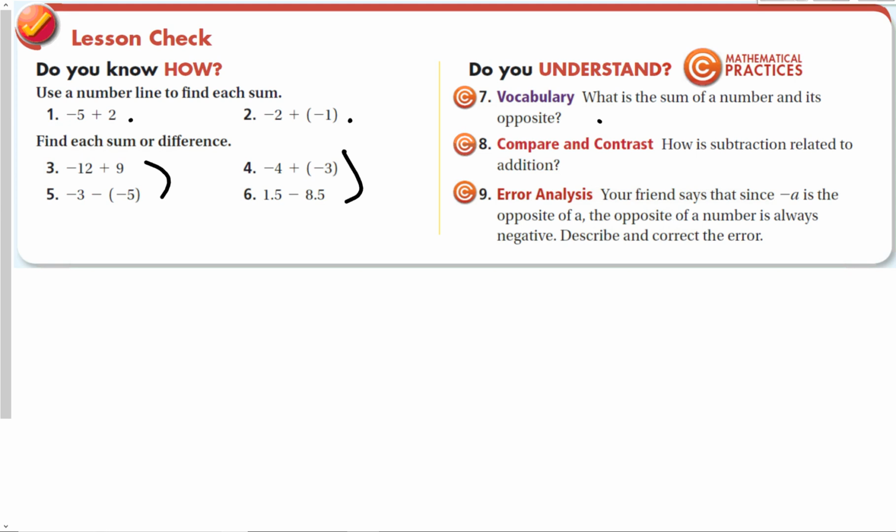Number 9, however, says your friend says that since negative a is always the opposite of a, the opposite of a number is always negative. The error with this is that what happens if I start at negative 9? Well, then the opposite of that number is still negative a.